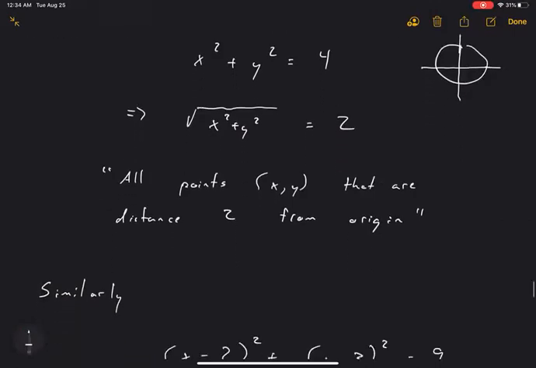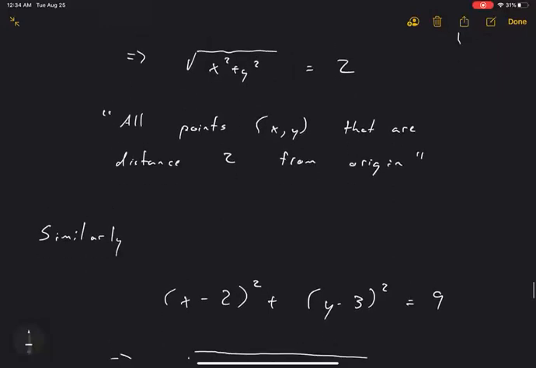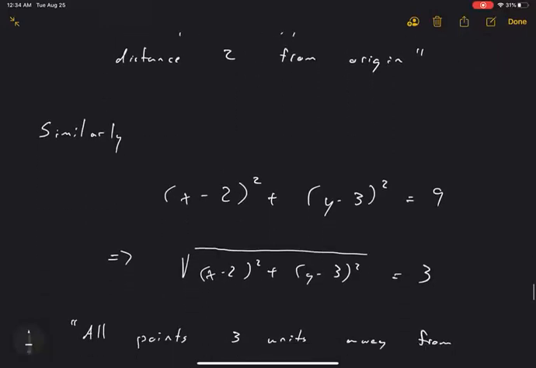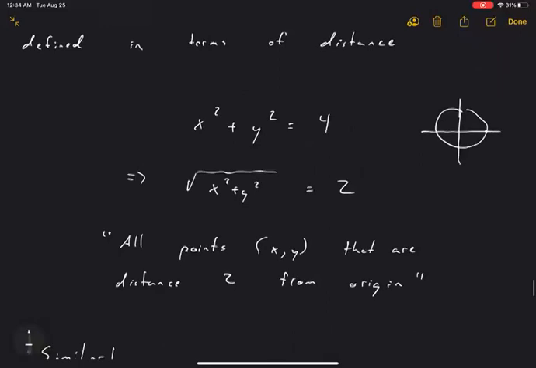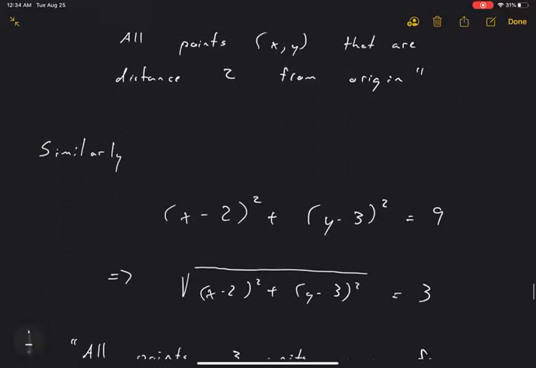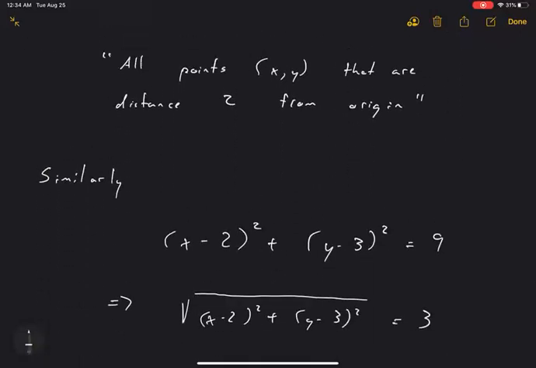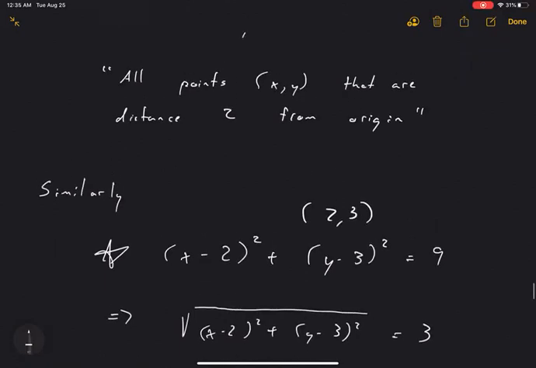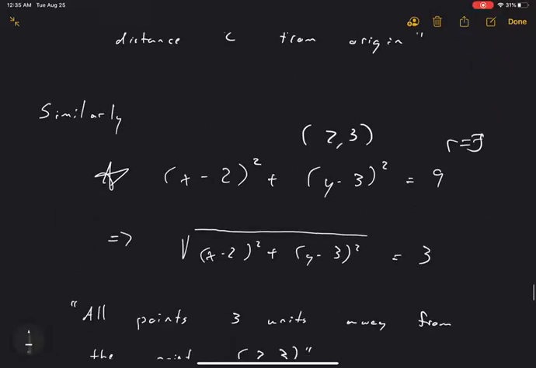Before we move on to R3, this was for a circle centered at the origin. For example, this is the equation of a circle centered at the point (2, 3) with a radius of 3.